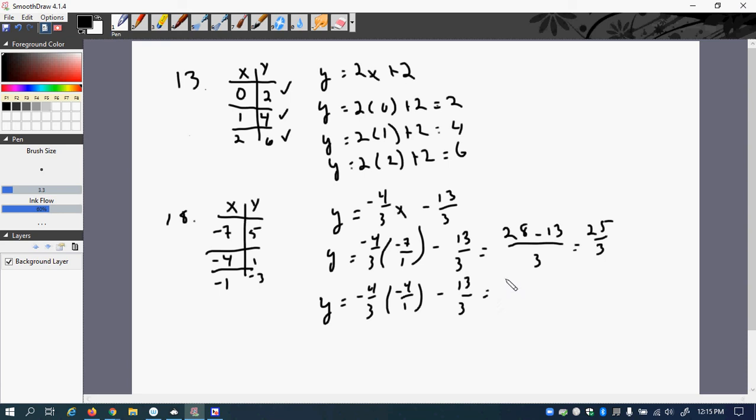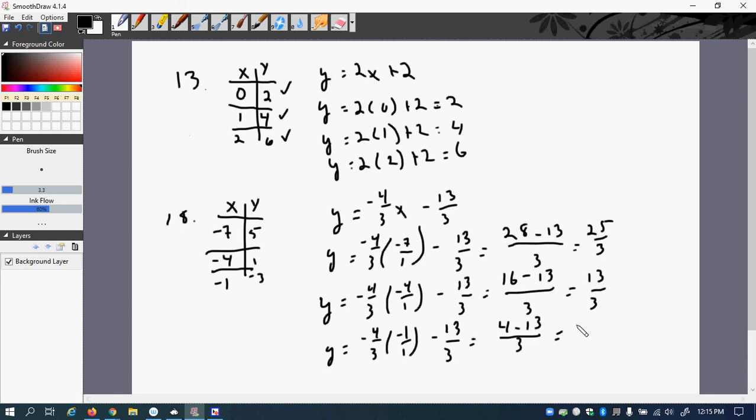And so we get 16 minus 13 over 3. And then we get y equal to -4/3 times -1 minus 13/3. So that gives me 4 minus 13 over 3. And so that gives me -9 over 3, so I get -3.